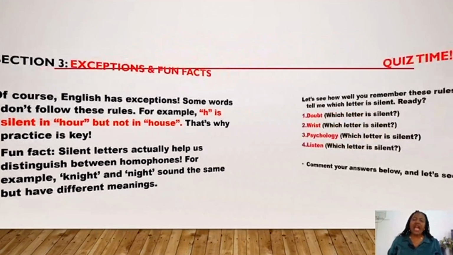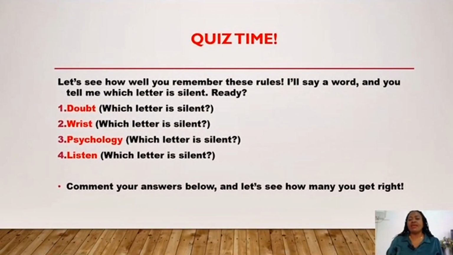Now let's take a little quiz. Very short quiz. Number 1. Which letter is silent in doubt? Number 2. Which letter is silent in wrist? Number 3. Which letter is silent in psychology?